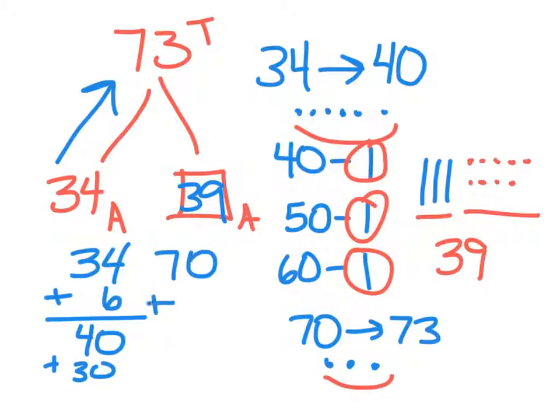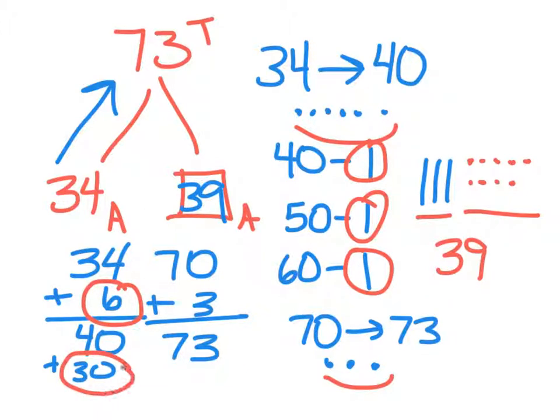And then 70 plus 3 gets me to 73. Then I'm going to take the numbers that I added, 6, 30, and 3, and put those all together. 6 and 3 is 9, plus 30, that's 39. So there's lots of different ways that you can find your missing number.